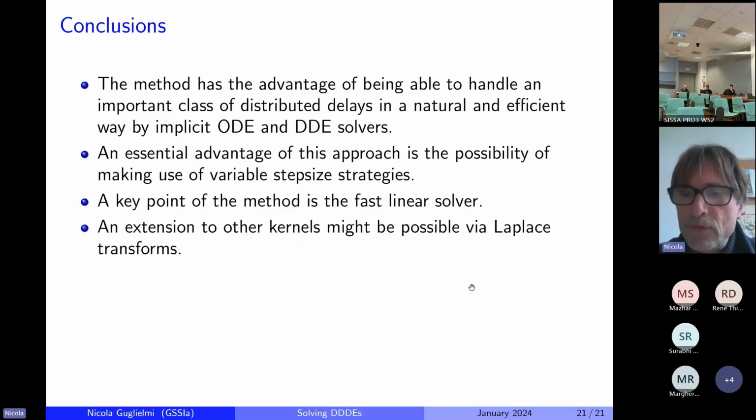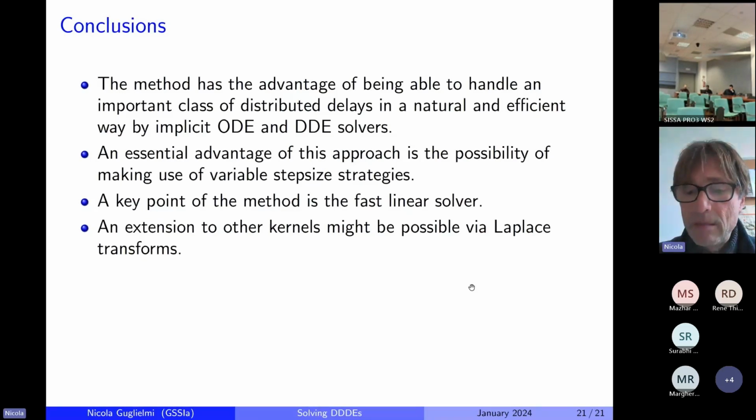What I did was for the gamma distribution, the Pareto distribution, so t to the minus alpha. You can certainly do something similar if you have a Laplace transform representation, ideally a real Laplace transform representation of the kernel, and you can apply essentially trapezoidal quadrature having spectral convergence.